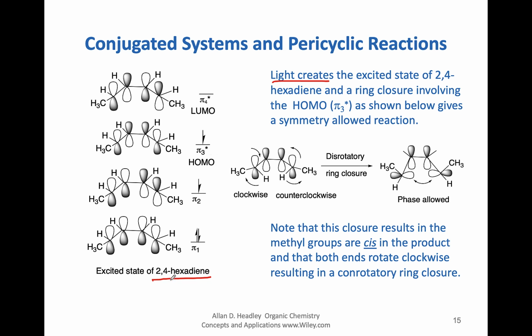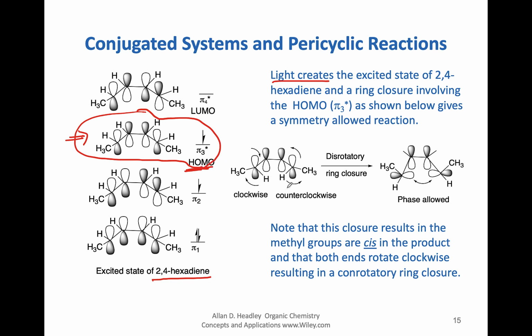So now we have the excited state where this orbital here is now the HOMO, highest occupied molecular orbital. So we'll concentrate ring closure on this orbital right here, and not on this one, because now this is the HOMO.